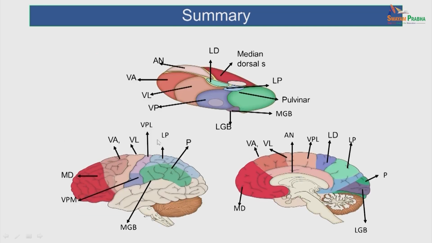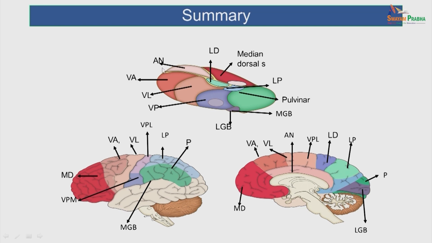Then we have the thalamocortical connections, the various nuclei of the thalamus that are connected to different areas of the cortex. The anterior nucleus is connected to the cingulate gyrus, both afferents and efferents. The medial dorsal nucleus, its afferents and efferents are connected to the prefrontal area, both on the superolateral surface and the medial surface.